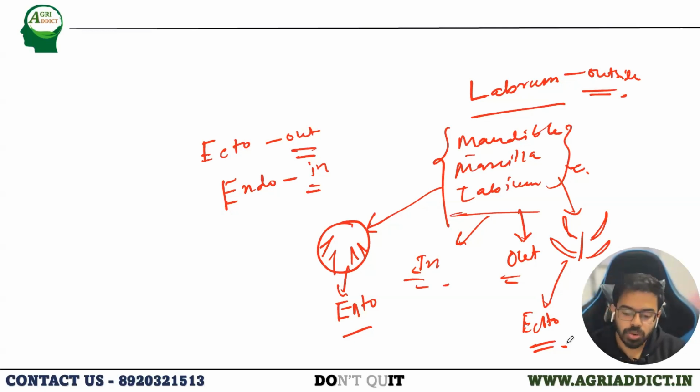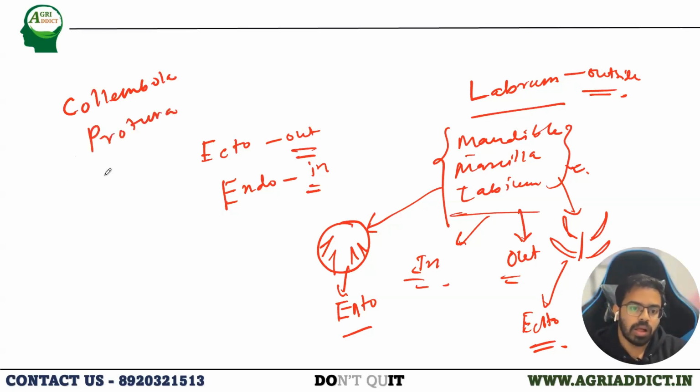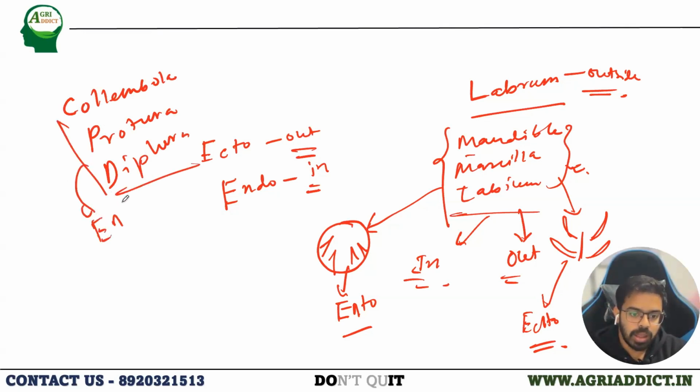So among the apterygotes, your Collembola, Protura, and Diplura, these three only are entognatha.